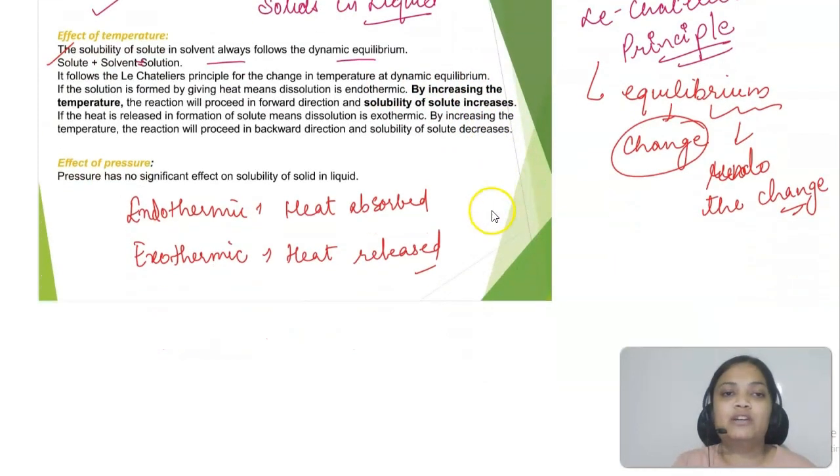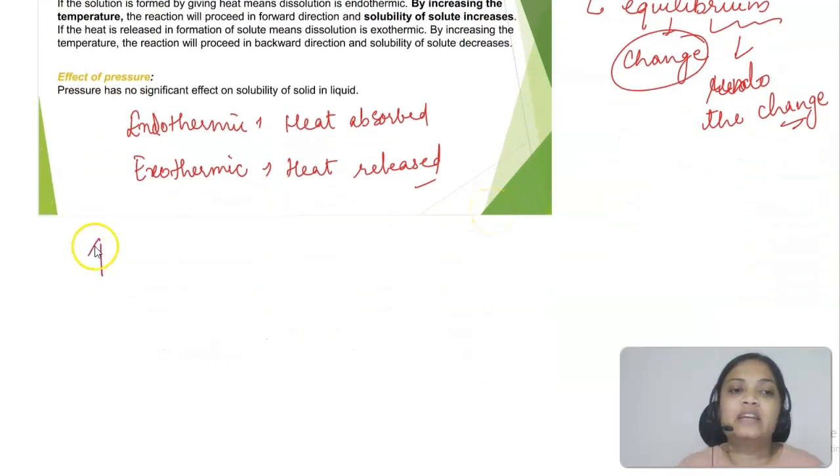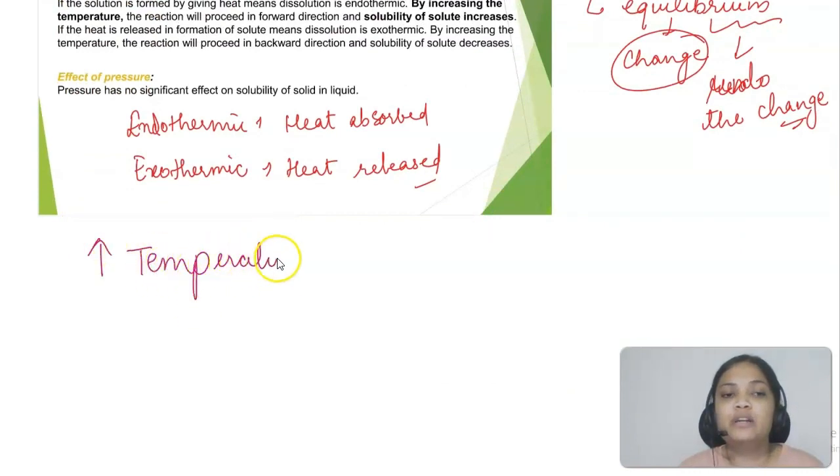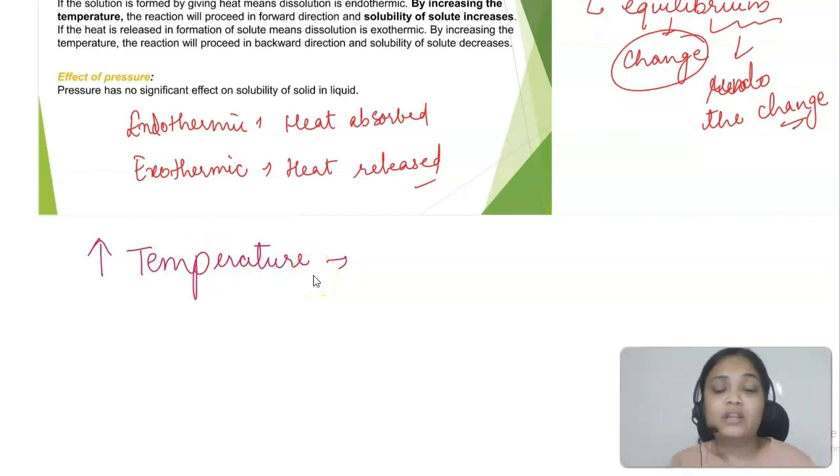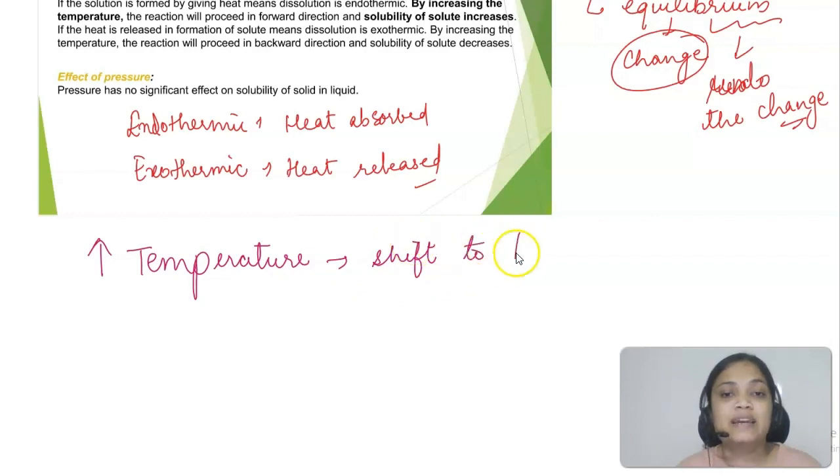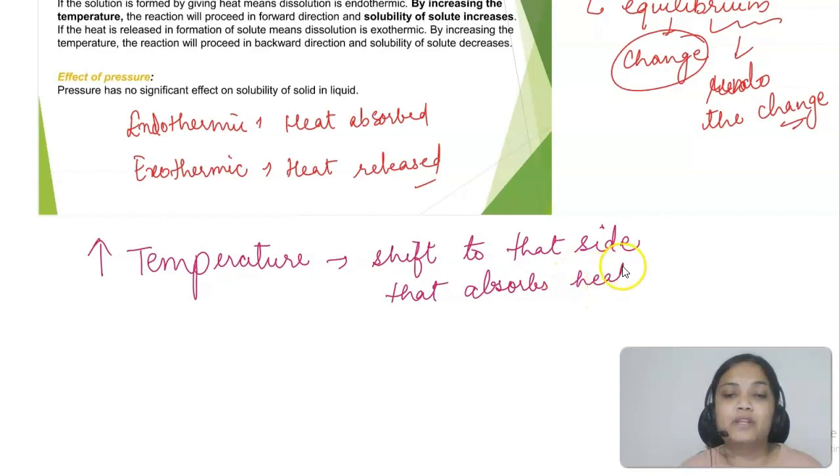According to Le Chatelier's principle, whenever you increase the temperature, the equilibrium would like to shift to that side. Tell me which side it will shift. It will shift to the side that absorbs heat, right? Because we are increasing the temperature, the system likes to undo that change, meaning it would like to absorb that temperature.